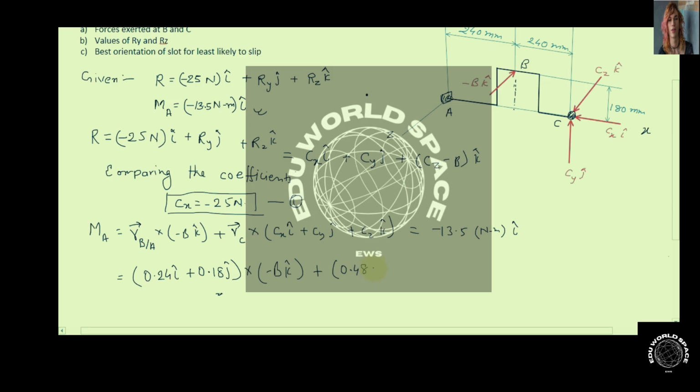So 0.48 meter i cap is multiplied with the forces acting there, Cx i cap plus Cy j cap plus Cz k cap. And all these should again be equal to minus 13.5 i cap.